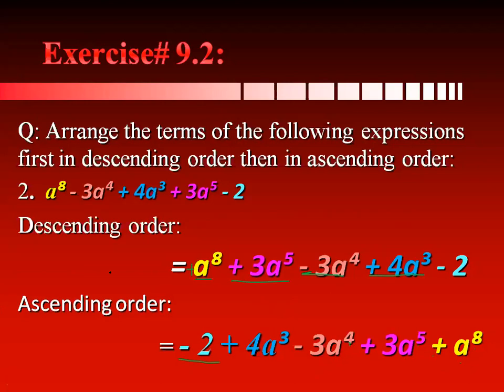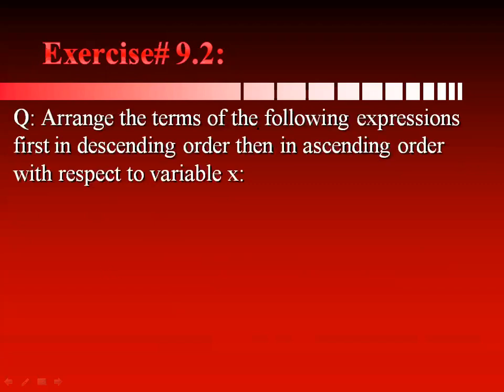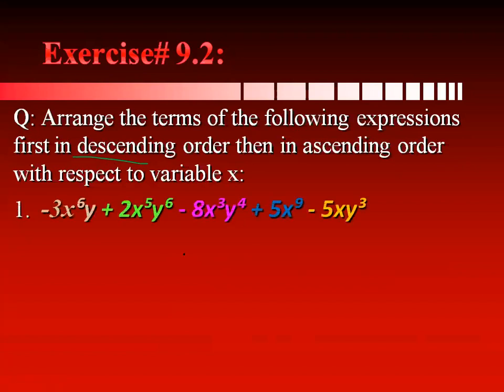Okay, now move on to the next one. Arrange the terms of the following expressions first in descending order, then in ascending order, but with respect to the variable x. What does it mean? If you look at this expression, this is one term, but in this term you have two variables, x and y.